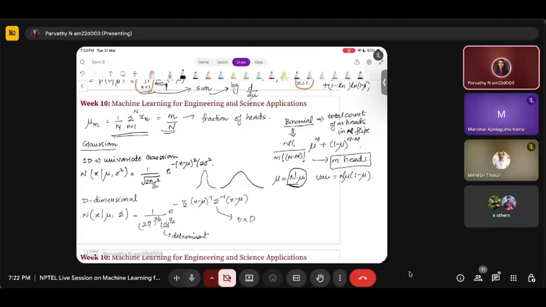When you have a d-dimensional version, this is the d by d covariance matrix. This is the determinant. If you have gone through Bishop's pattern recognition textbook, you can see that they explain that this sigma must be positive definite for this Gaussian distribution to properly form. So you can read that in detail there.